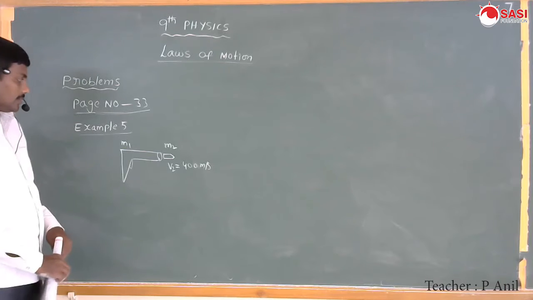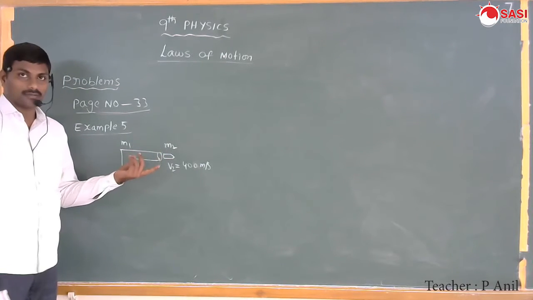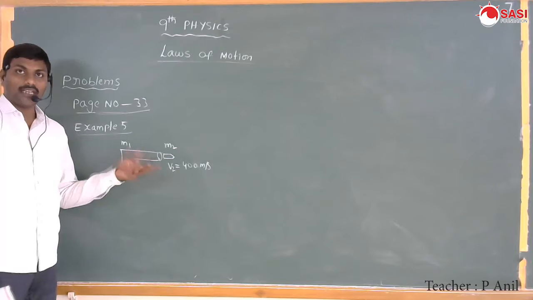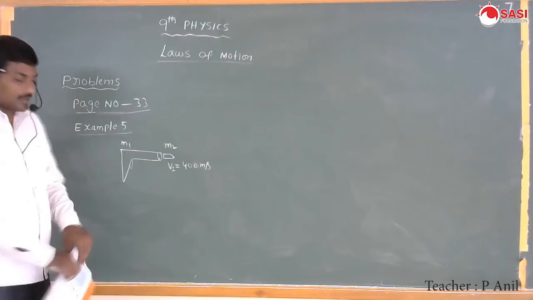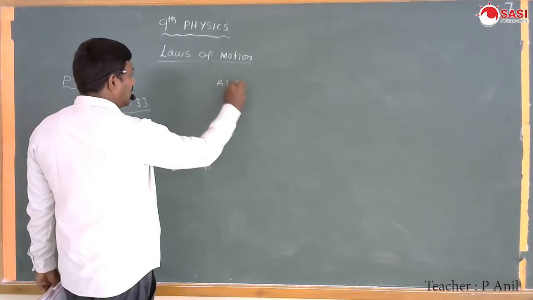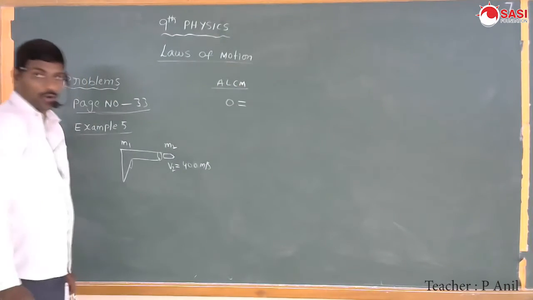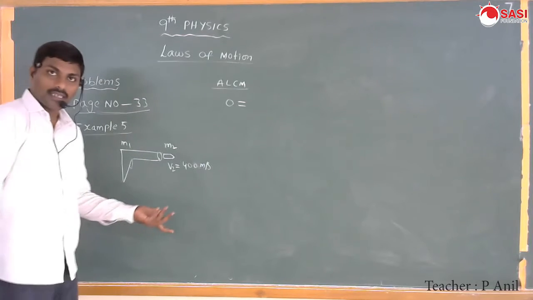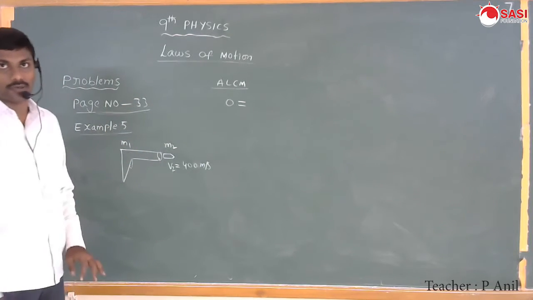Here, initially, this is the cannon, this is the bullet. The bullet and cannon system is initially at rest, that means momentum is zero. According to the law of conservation of momentum, what is the total momentum before firing? Zero. Bullet at rest, cannon at rest, both velocities are zero.